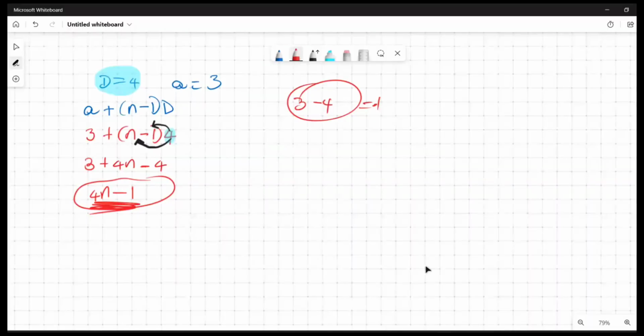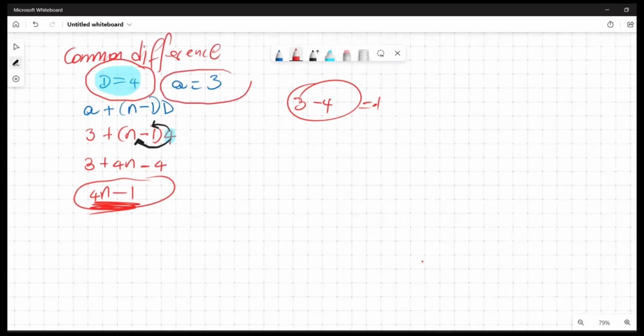Remember, this only works when you see a common difference. When there's a common difference, we call it D. When you see a common difference, call it D. And the first term up at the top is called A. Set it up, and you're good to go.